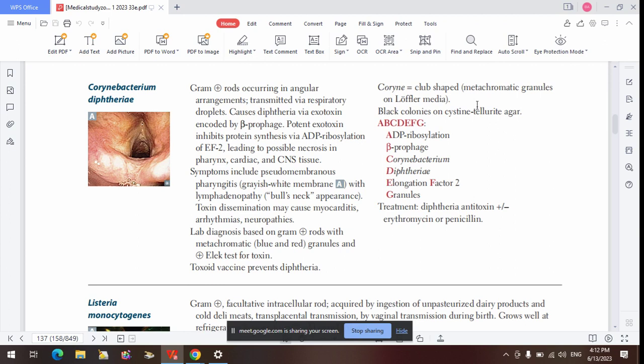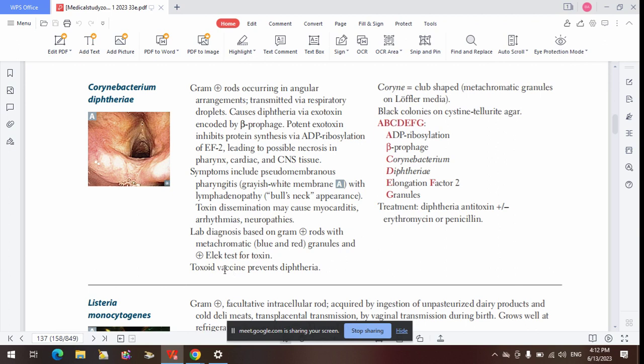Number one, the tellurite agar, where you see black colonies. Then the Loeffler medium, where you see club-shaped cells containing metachromatic granules.